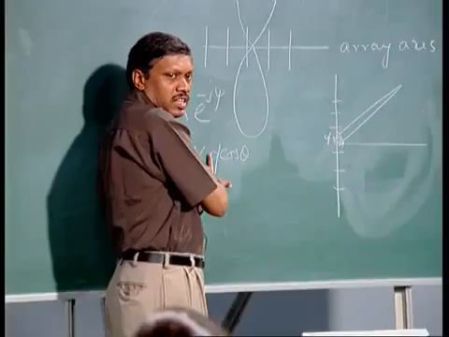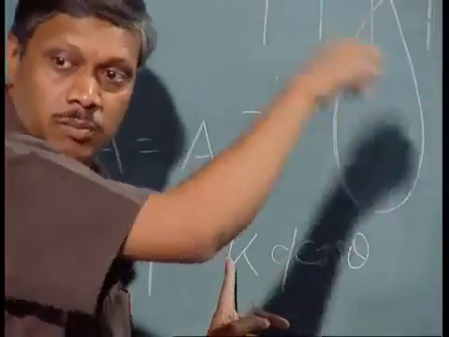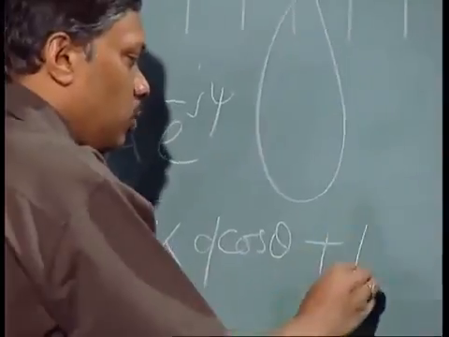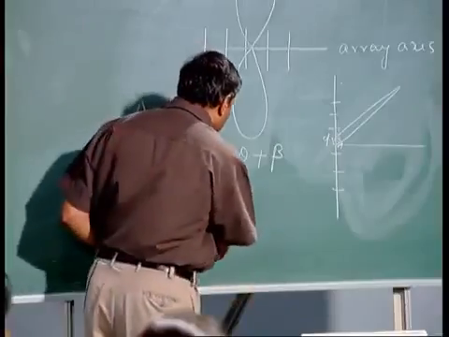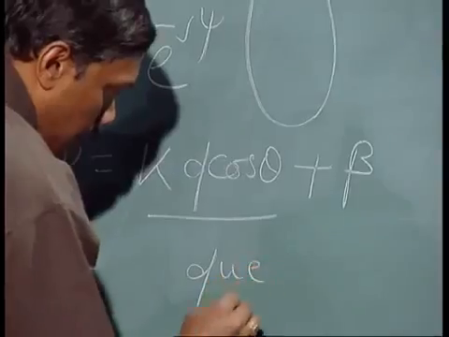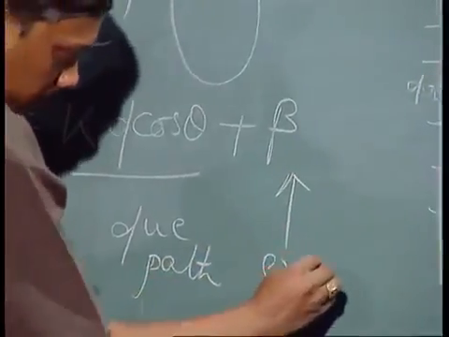Multiplying with k, 2 pi by lambda, gives the phase. This phase is due to the path. Then you have an additional phase, which is the excitation phase. You have two phases now: one is due to the path, another is due to excitation.